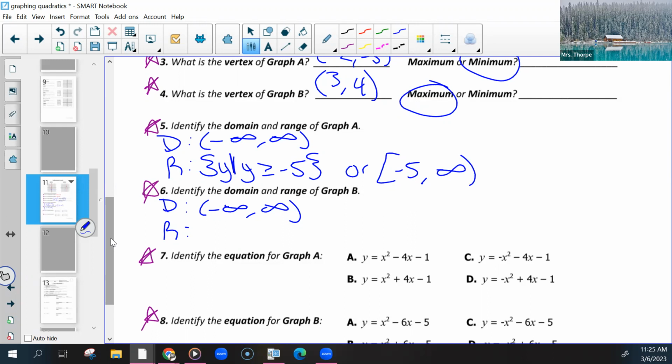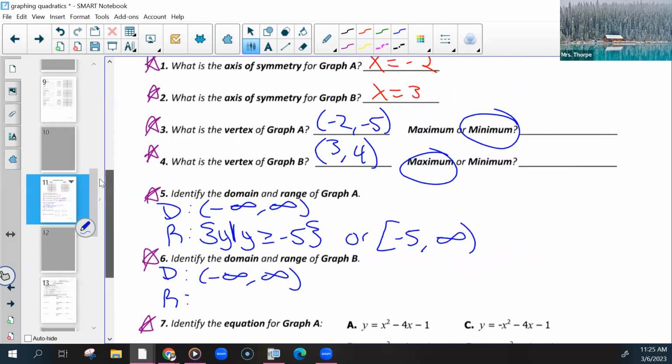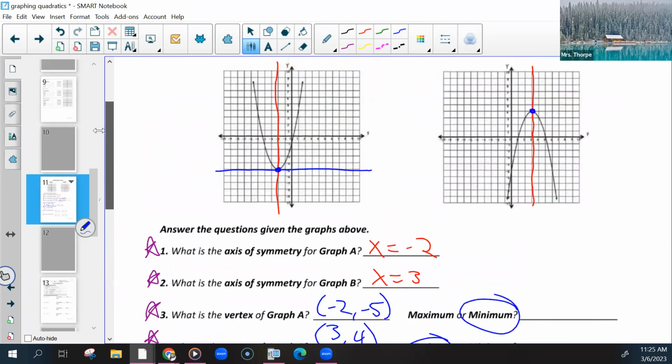For graph B, what's your lowest, what's your highest? Four. Is 4 the lowest or the highest?